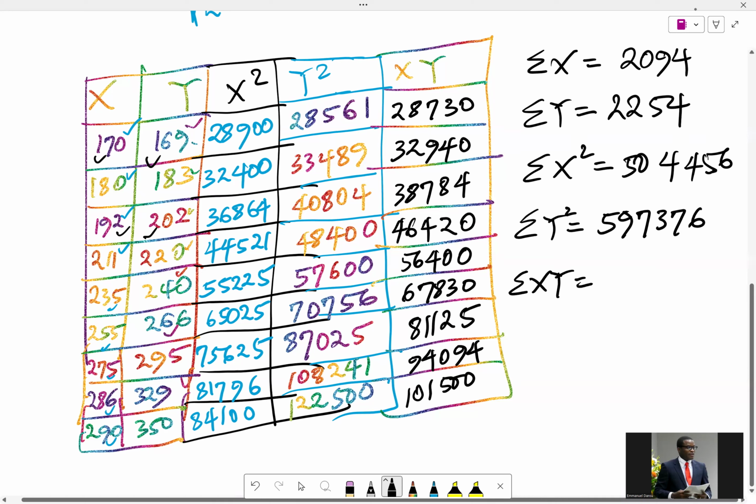For the summation of xy, we go slowly again and be sure no errors occur.